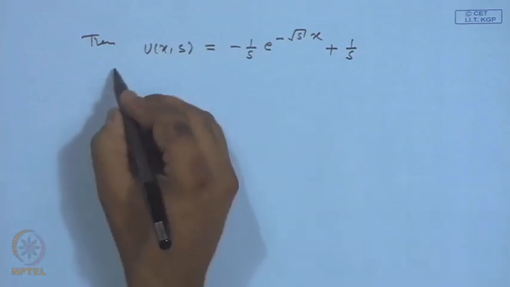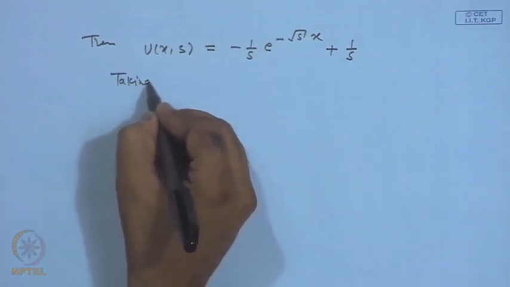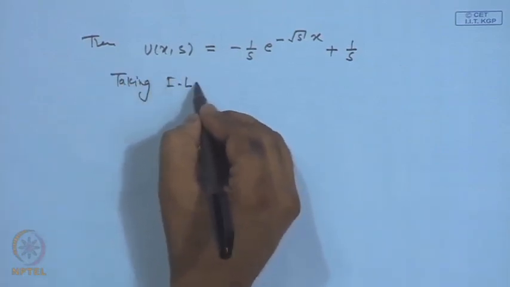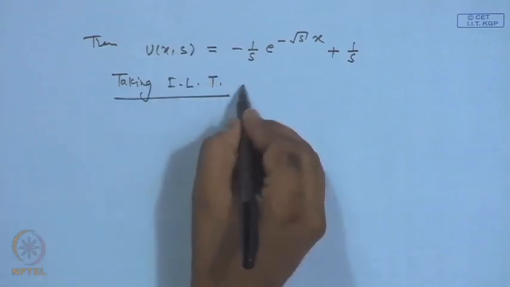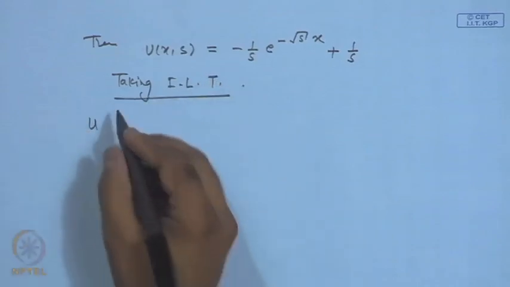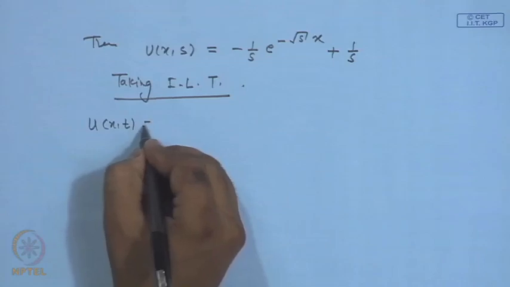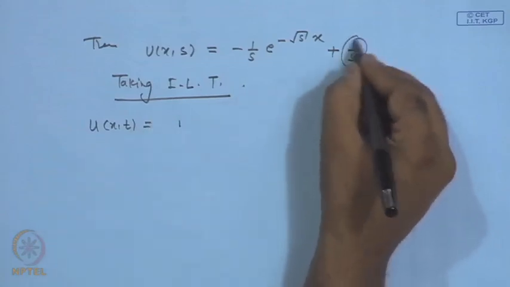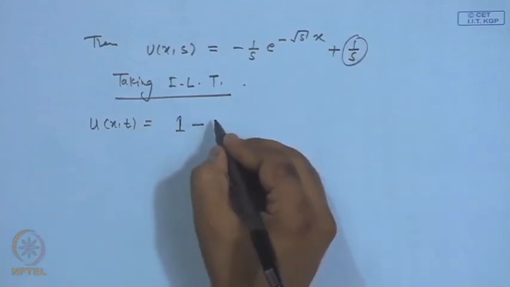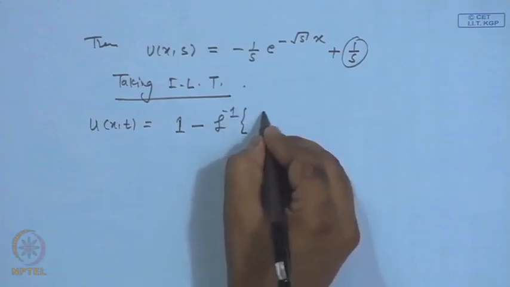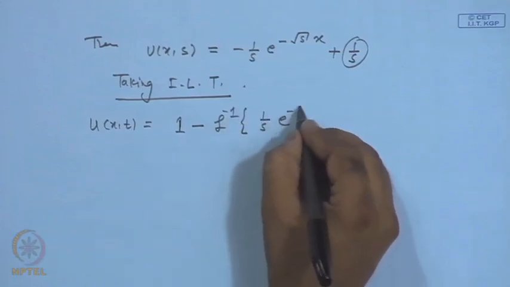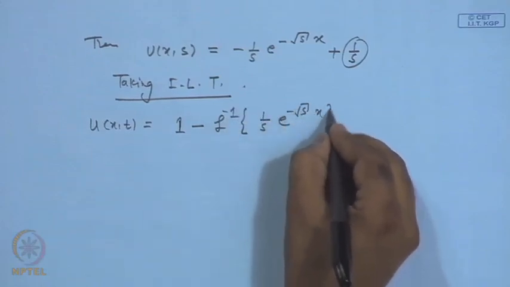This is the solution. Now, we take the inverse Laplace transform, and this will be u(x,t) is, so 1 over s gives 1, then we have minus the inverse Laplace of 1 over s e^(minus square root s x).